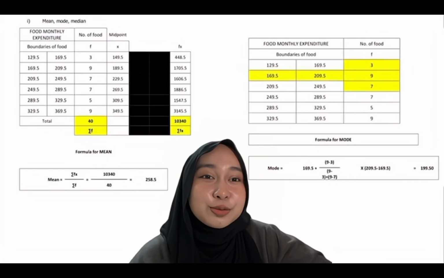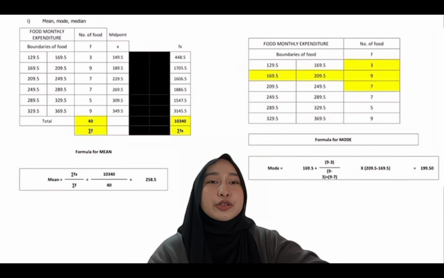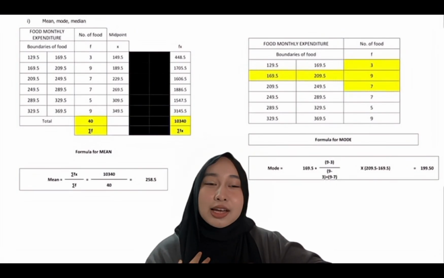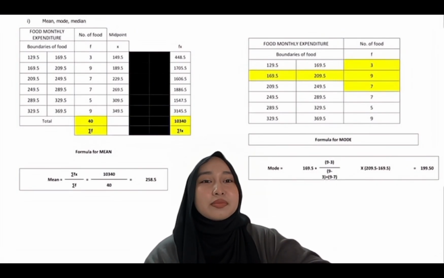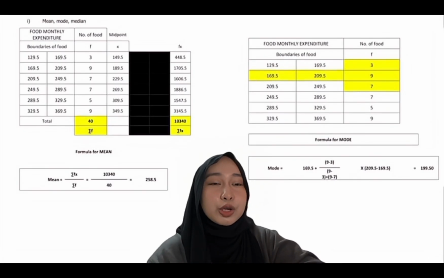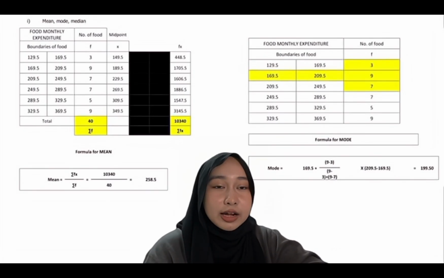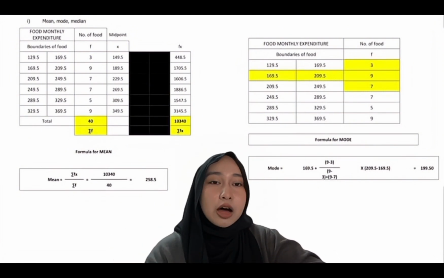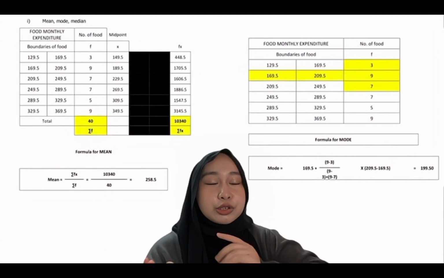I will now explain the data analysis section focusing on the mean and mode for monthly food expenditure. Let's start with the mean. To calculate the mean, we use the formula mean equals sum fx divided by sum f. From the table, sum fx is 10,340.